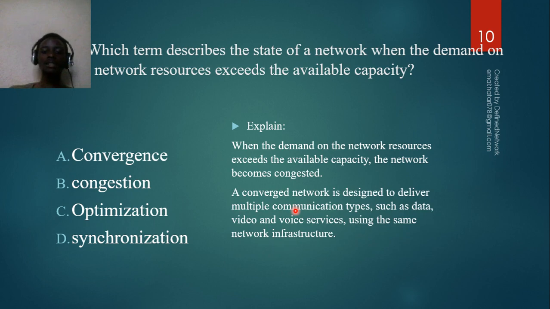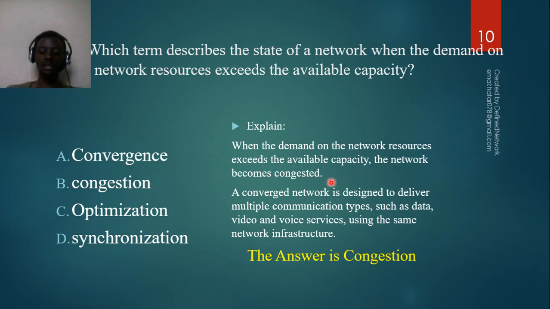A convergent network is designed to deliver multiple services such as data, voice, and video using the same network infrastructure. So the answer is congestion.